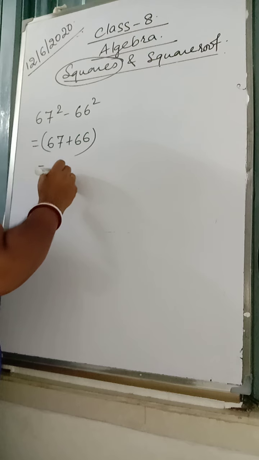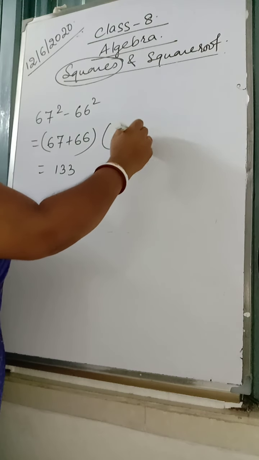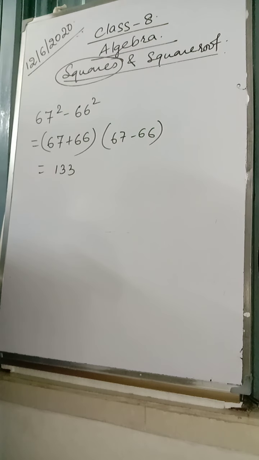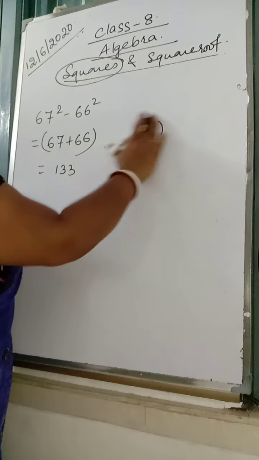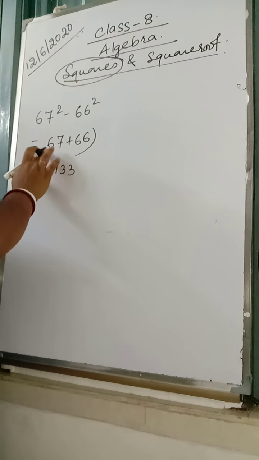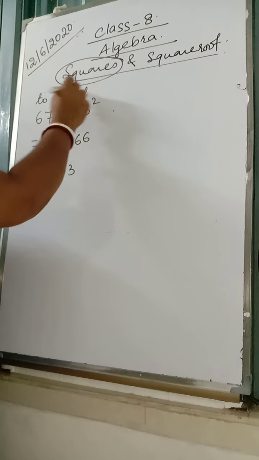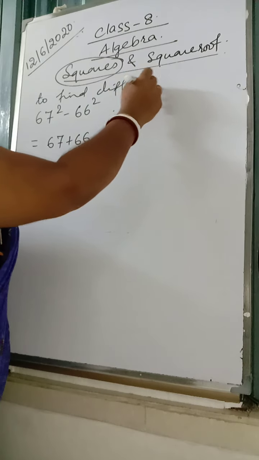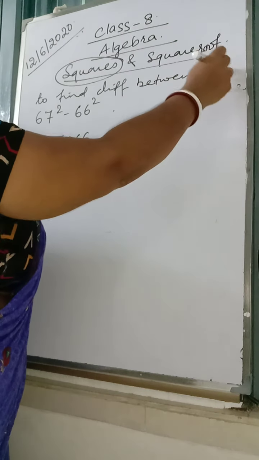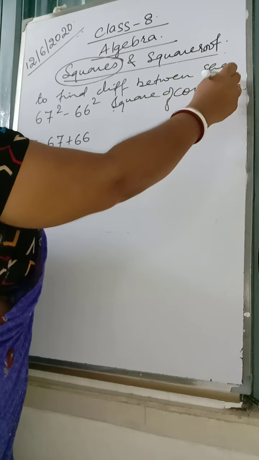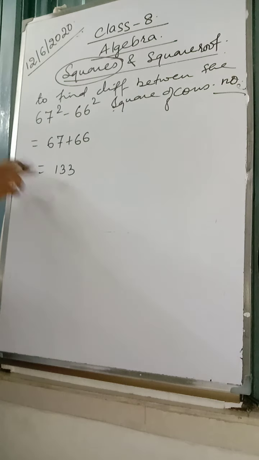It gives you 133, because when we subtract it gives you 1 only. So 133 into 1 is 133. So we just skip it. We just add the numbers to find the difference between the squares of consecutive numbers, and we get the answer, okay?